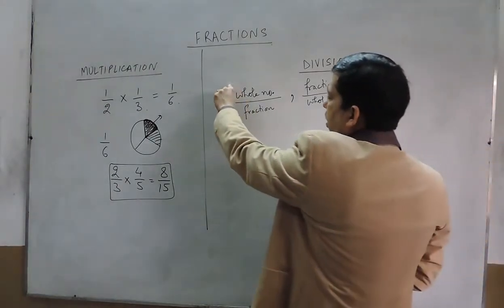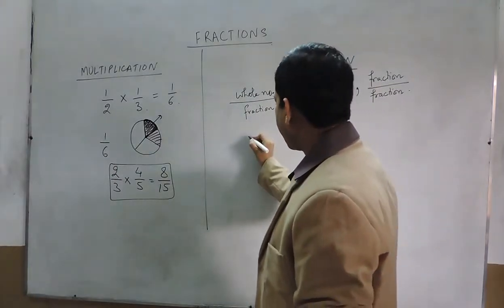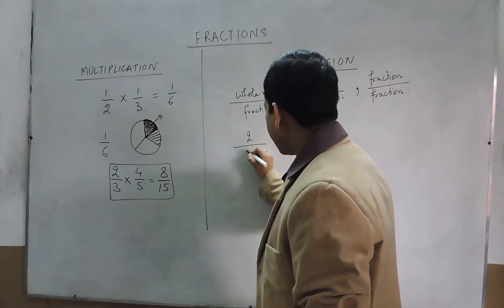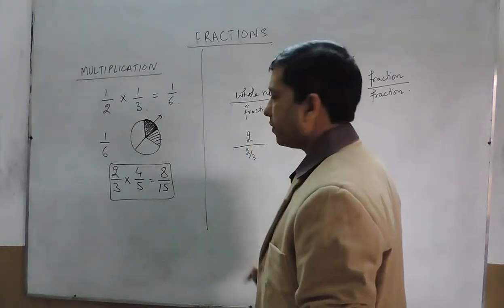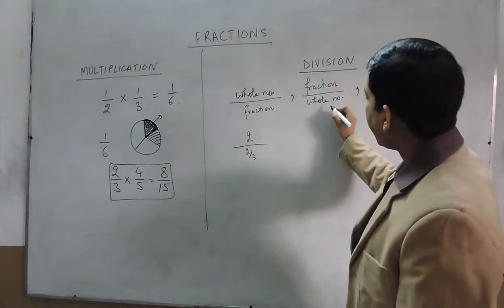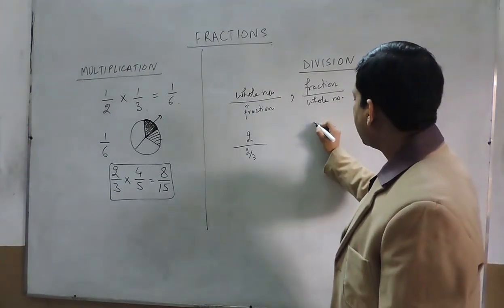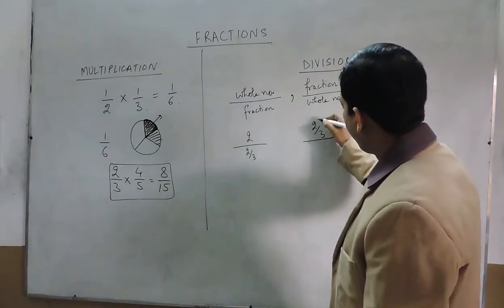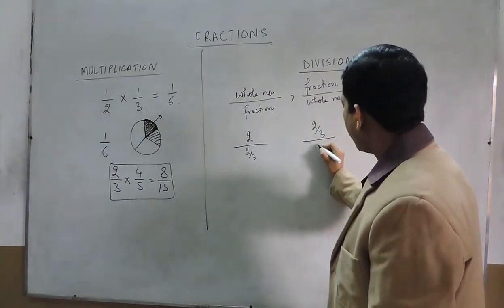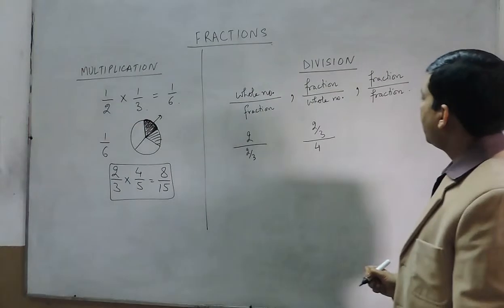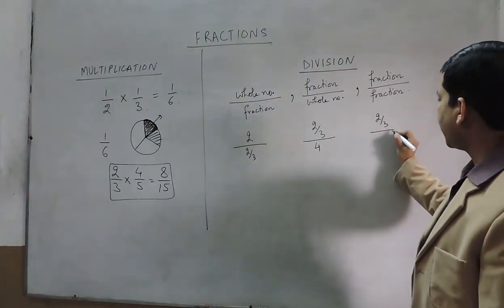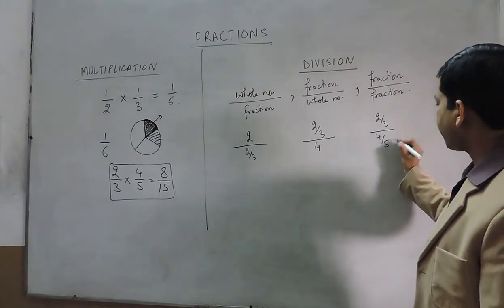When we talk about a whole number divided by a fraction, we can write it like 2 divided by a fraction, which may be 2 upon 3. A fraction divided by a whole number is something like 2 upon 3 divided by a whole number like 4. A fraction divided by a fraction is 2 upon 3 divided by 4 upon 5.